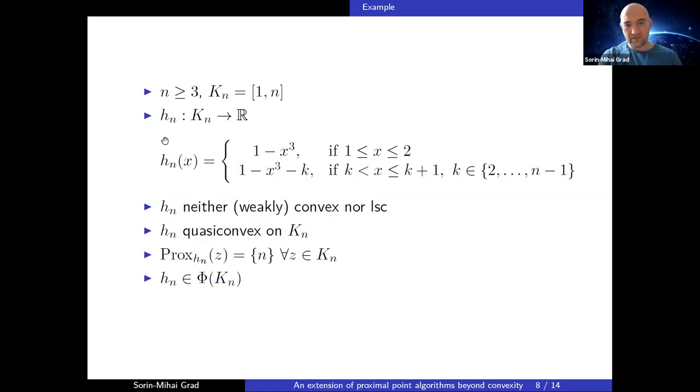Such a function, I mean, again, 1 minus x to the power of 3 at some points, and minus some constant everywhere else, is by no means convex, is not even weakly convex, is not even lower semi-continuous, but it is quasi-convex. And it is also prox-convex because it, again, fulfills the definition.